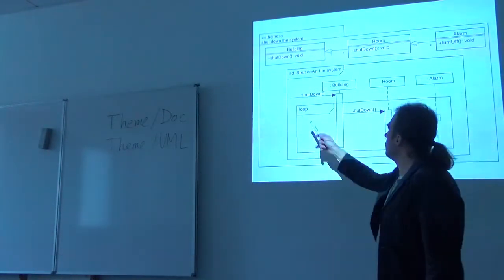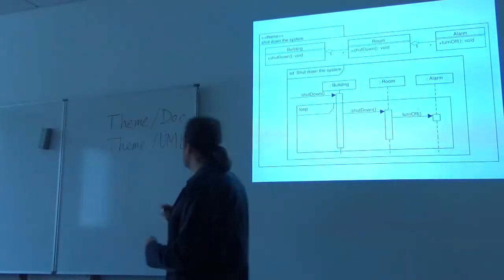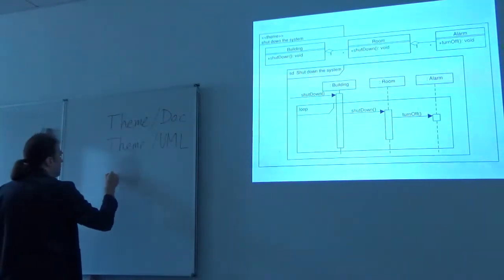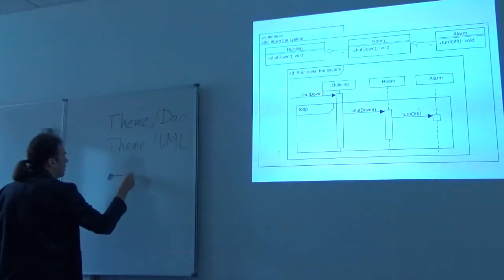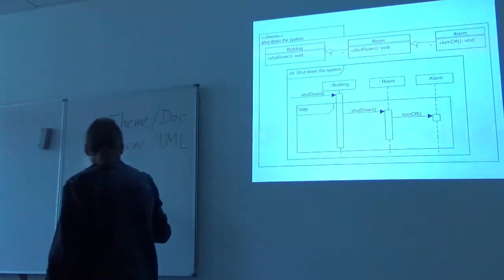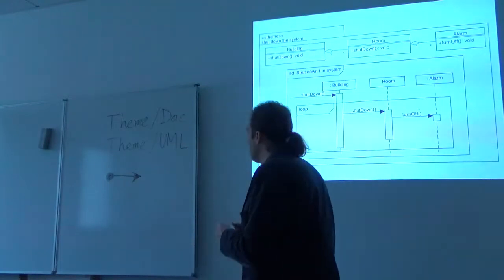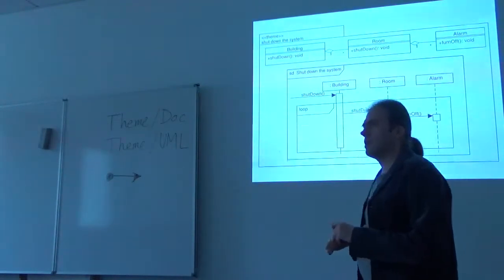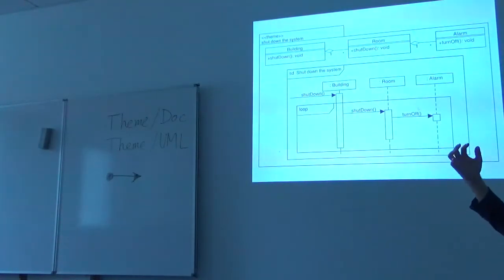I did not use this found message. Maybe I should have used it. I think that in the original theme notation, there is no this symbol of this field in circle, to indicate a found message. Found message means that message came from somewhere we don't know, from where we do not care.